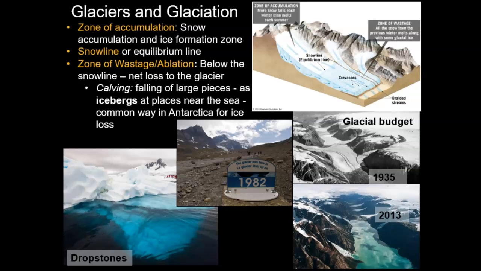Calving creates icebergs in places where the ice reaches the ocean or a lake. Calving is the main way in which ice is lost in Antarctica, for example, as we saw in the example of the whole Larsen B ice shelf detaching. It made many icebergs float onward to the Weddell Sea.